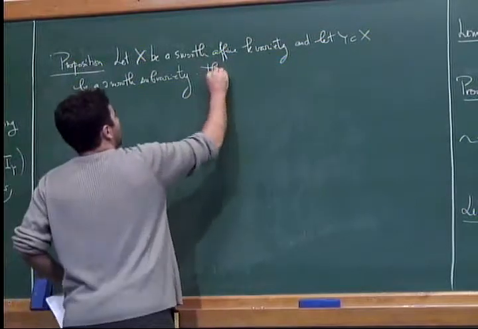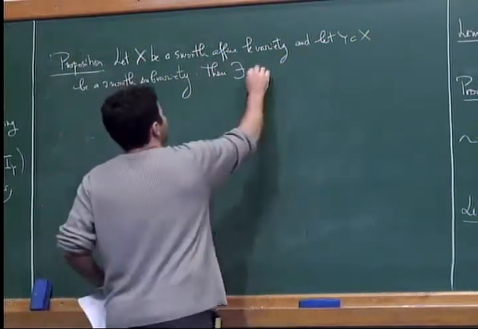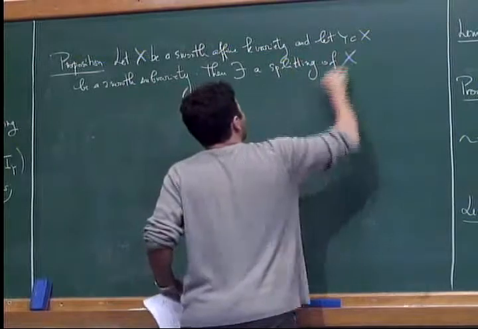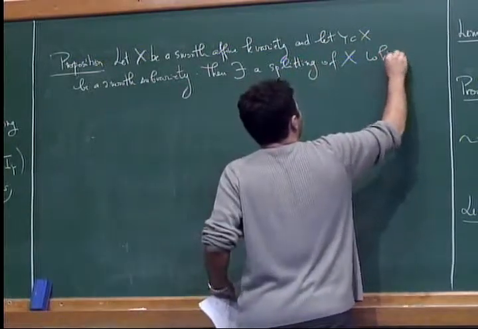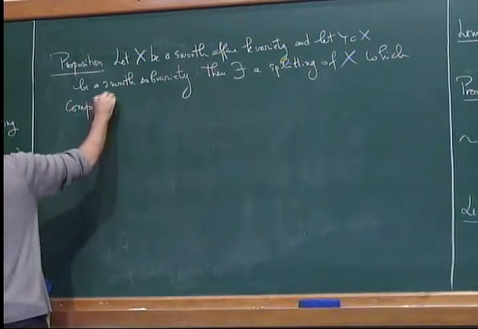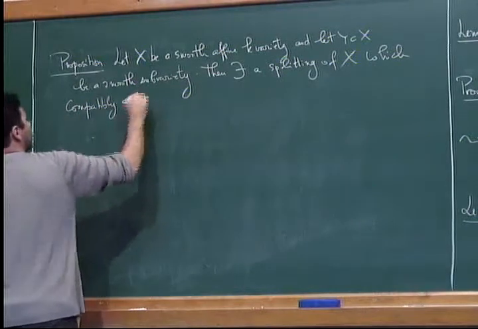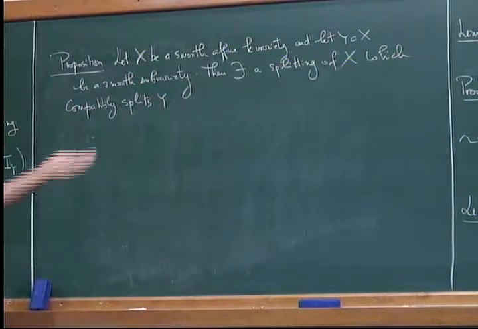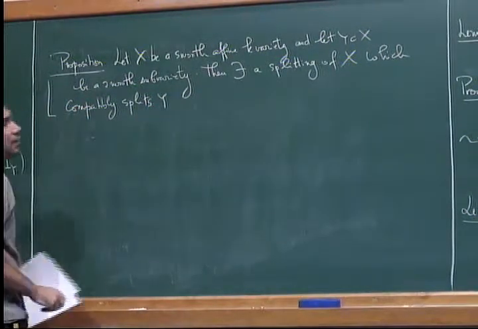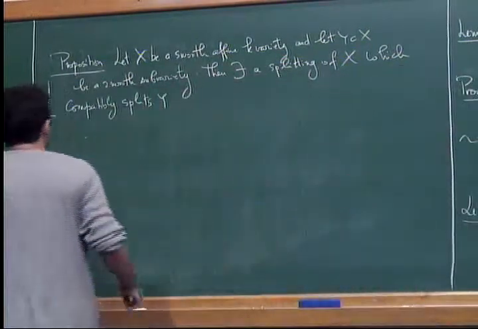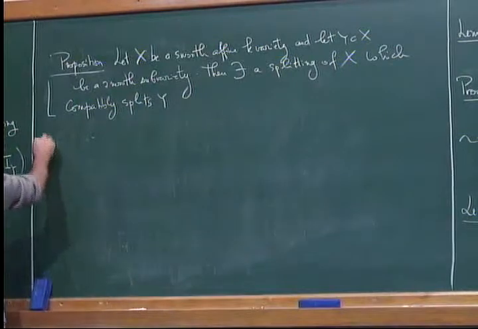Then there exists a splitting of X which compatibly splits Y. Okay, exactly as in the affine case and the coordinate subspaces. So essentially the proof is to reduce to this case.